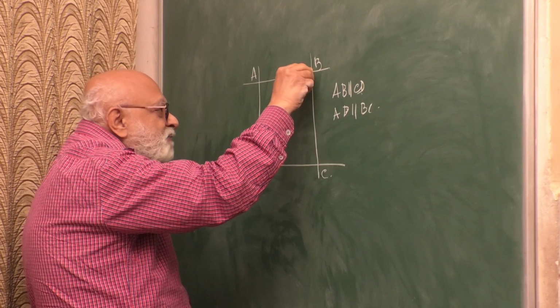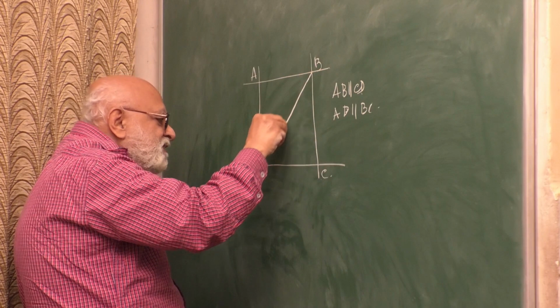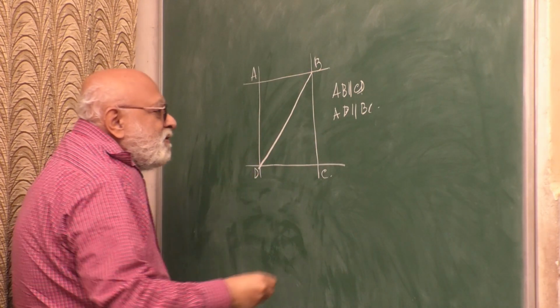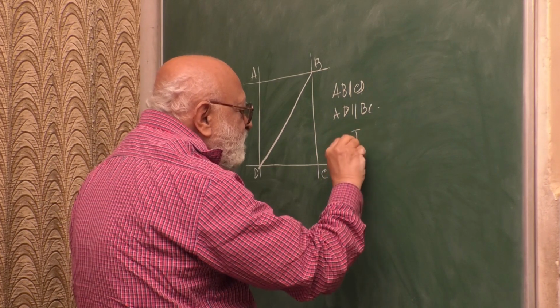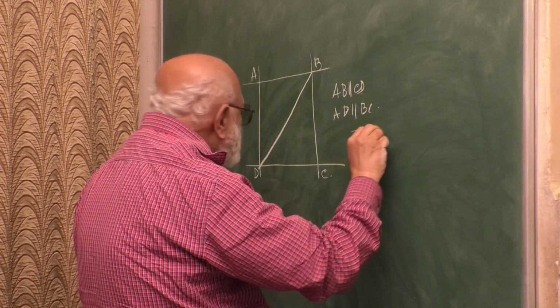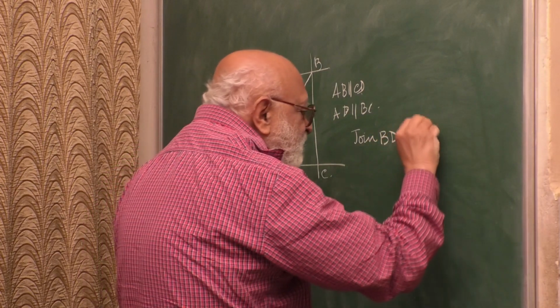Okay, what we are going to prove is how to prove these. Let us draw the diagonal. Join BD. That is the diagonal.